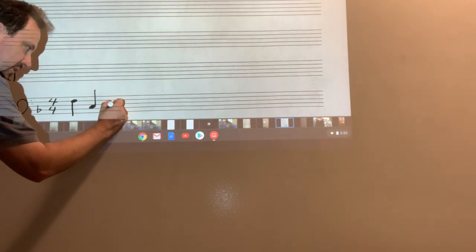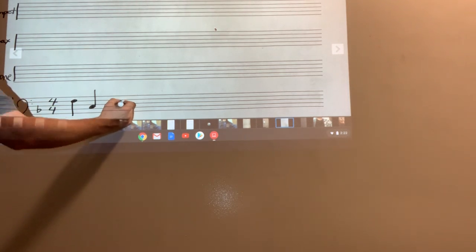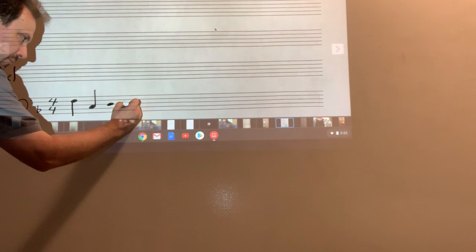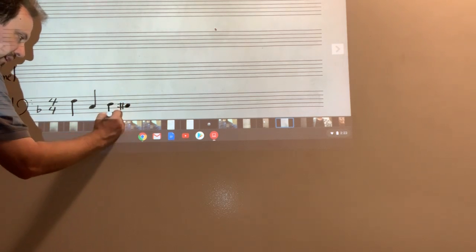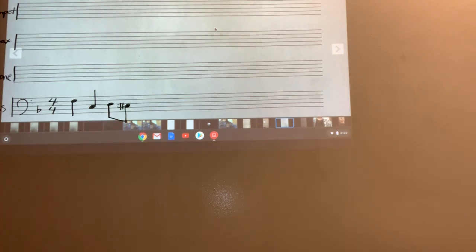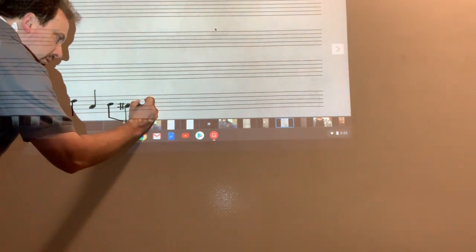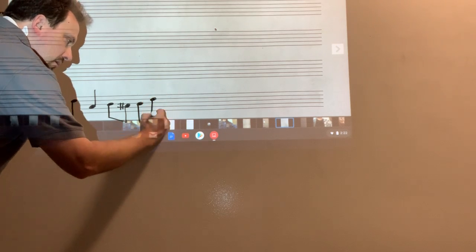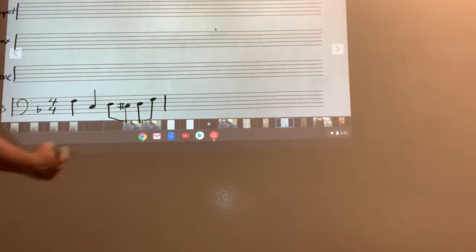Then you have D, and this is your choice, C sharp. Everything has to go exactly as it is in the example. So if there's a flat on it, you have to put a flat. If there's a sharp on it, you put a sharp. Okay, that's the first measure.